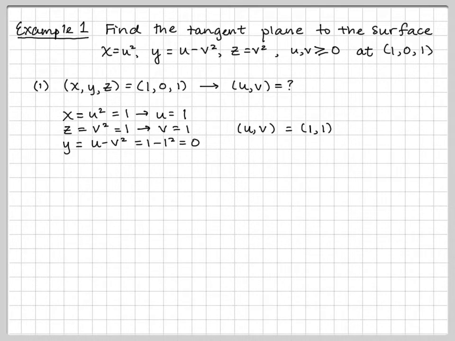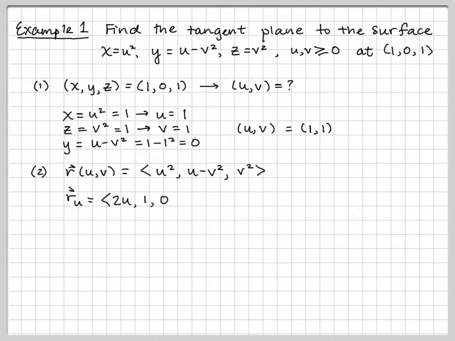Now let's look at our derivatives at this point (1, 1). Again, my parameterization, r of uv, is (u squared, u minus v squared, v squared). So the derivative with respect to u is going to be (2u, 1, 0).